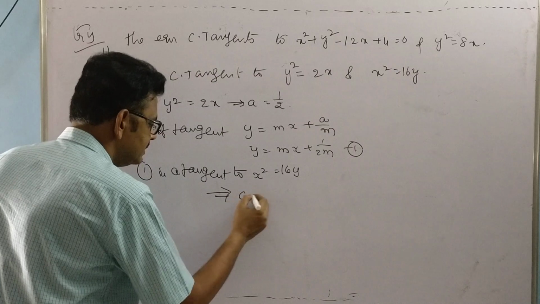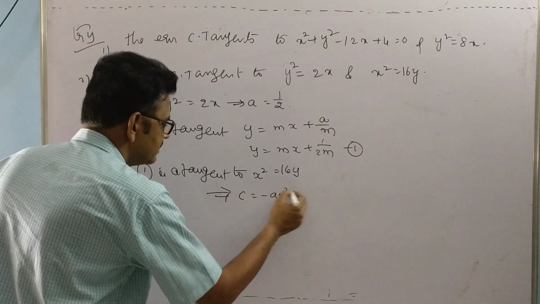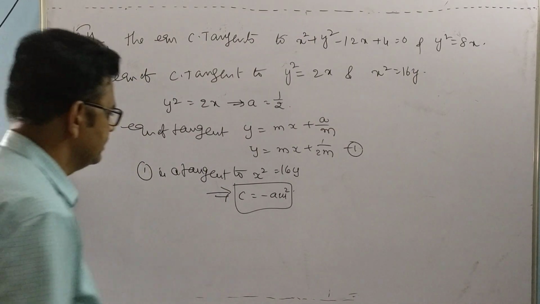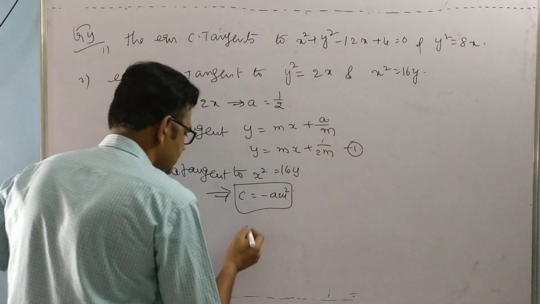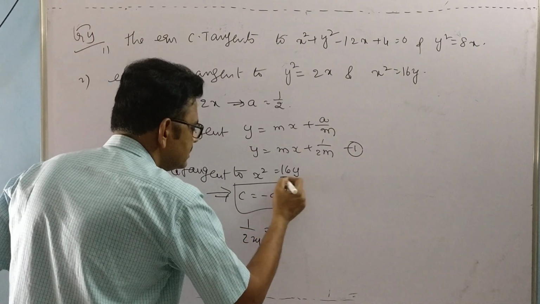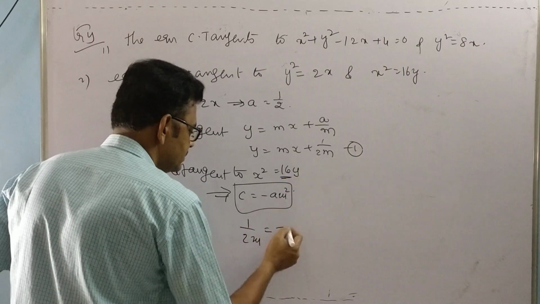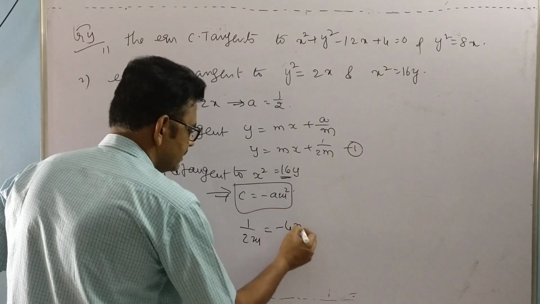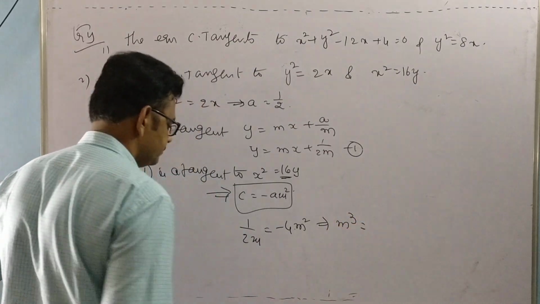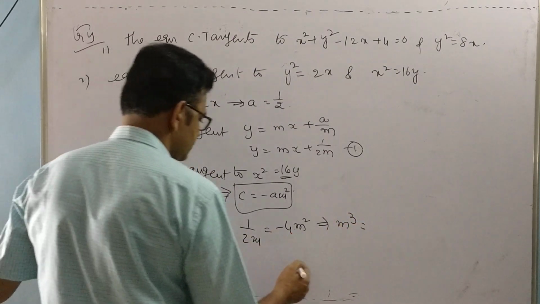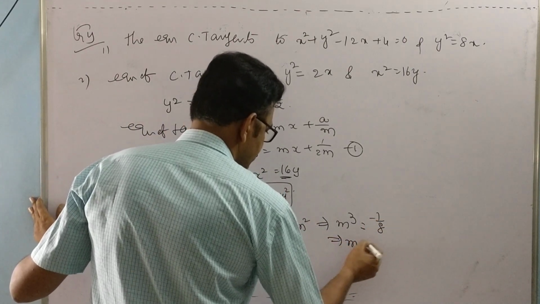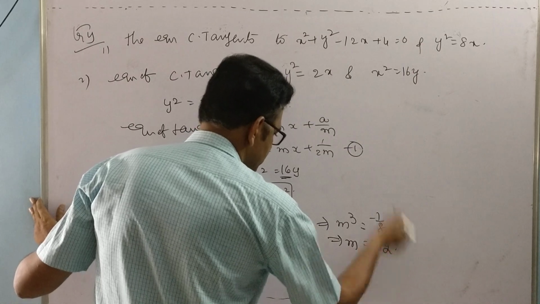Implies the condition is c is equal to minus am square, where c is 1 by 2m, equal to minus a, x square equal to 4ay, a is 4 m square, implies m cube is equal to minus 1 by 8, implies m is equal to minus 1 by 2.